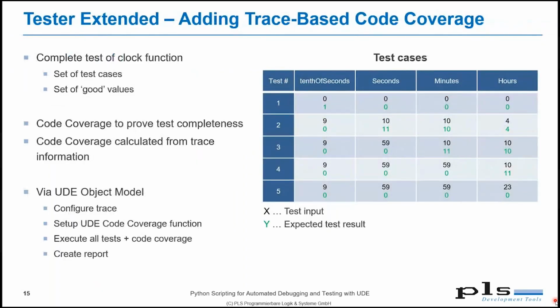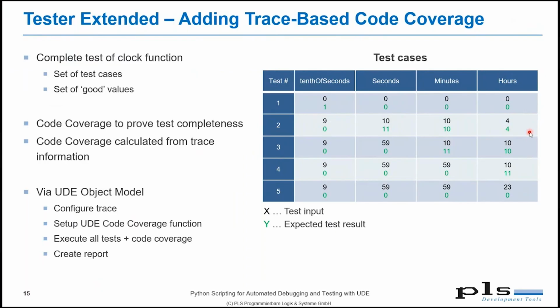So in order to test the complete clock function, we will, of course, need a few more test cases. I have written down test cases that I believe are necessary for the complete test. So we have the input value here written in black, and the expected good values for the variables in green.